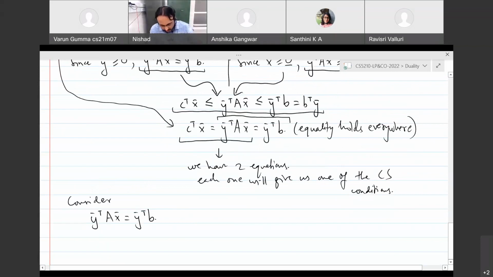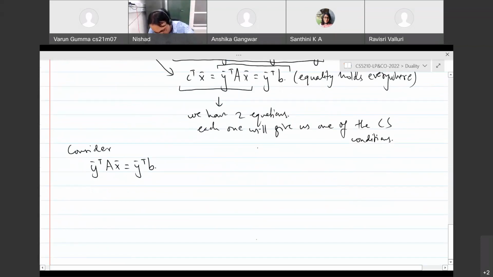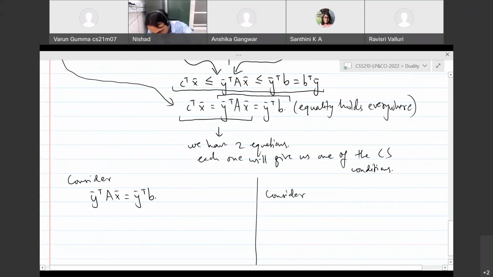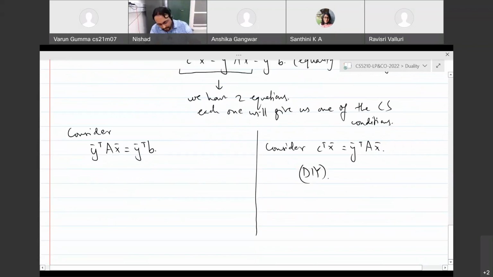Okay, and on the right side, I'll say consider c transpose x bar is equal to y bar transpose A x bar. And here I'm going to say, do it yourself. Let's do the first one, or rather, the second equation.